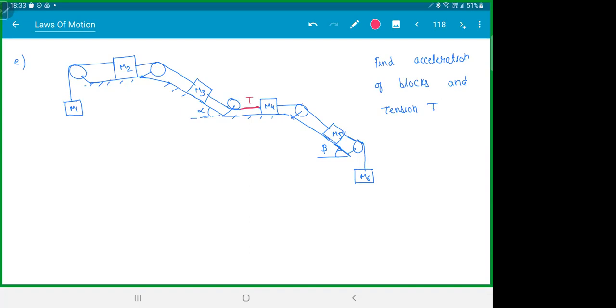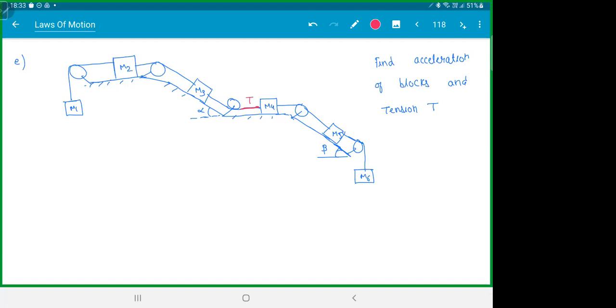Now, if you want to solve this normally, 6 bodies are there, 6 free body diagrams, 6 equations. It will be a mess. And strings are different, each one's tension will be different: T1, T2, T3, T4. But using this net force method will actually save your time. So for these kinds of problems, this method is quite useful.